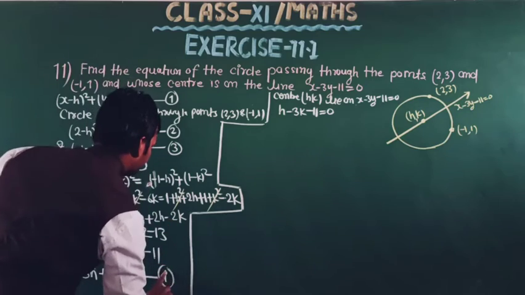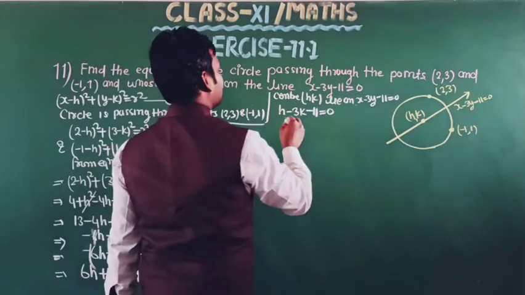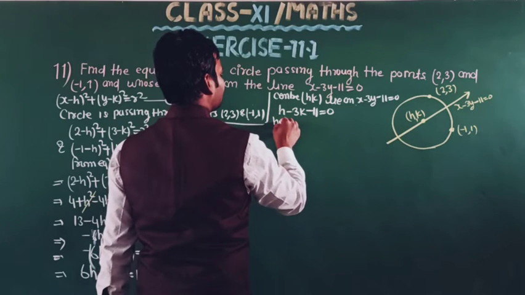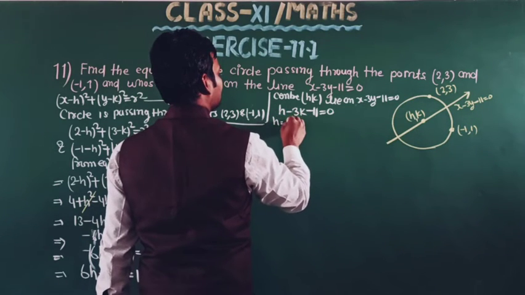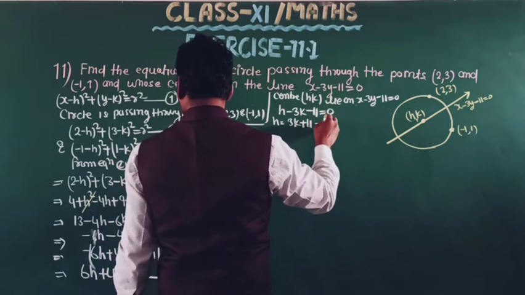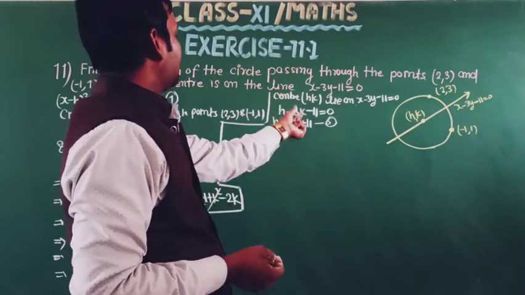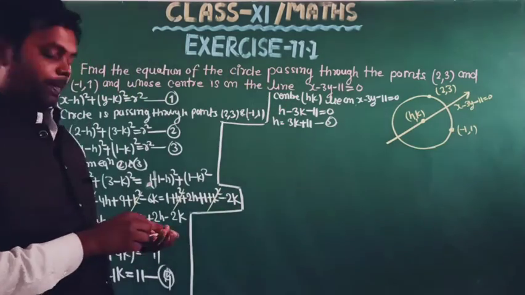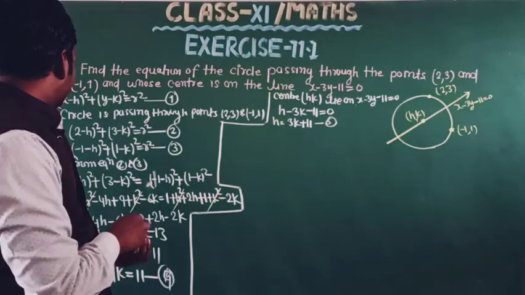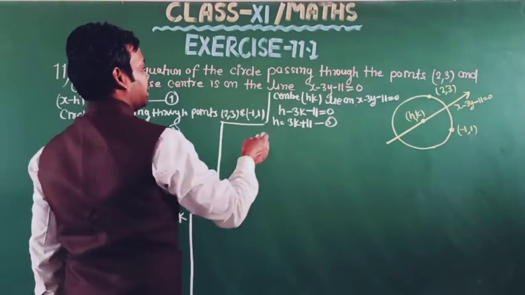This is equation number 4, and h equals 3k plus 11. Say this is equation 5. Now using equation 5 and equation 4, we have to find the value of one variable.